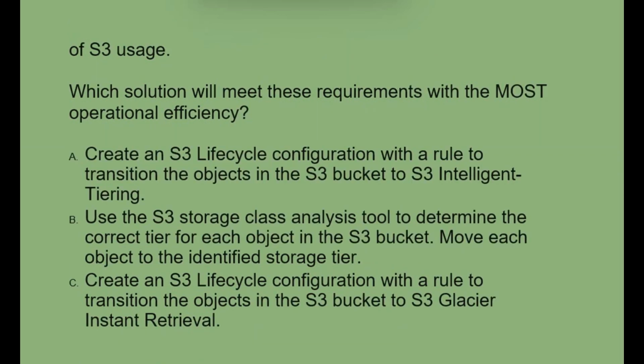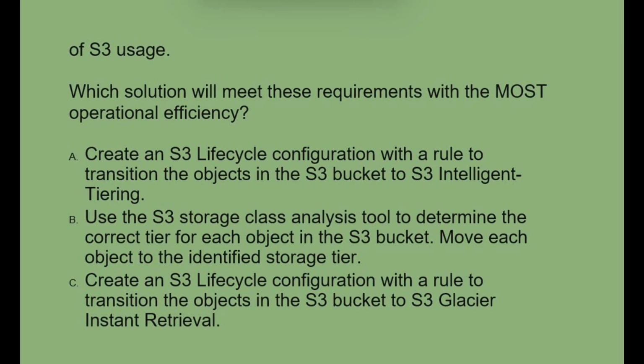Option A, create an S3 lifecycle configuration with a rule to transition the objects in the S3 bucket to S3 Intelligent-Tiering. Option B, use the S3 storage class analysis tool to determine the correct tier for each object in the S3 bucket. Move each object to the identified storage tier.